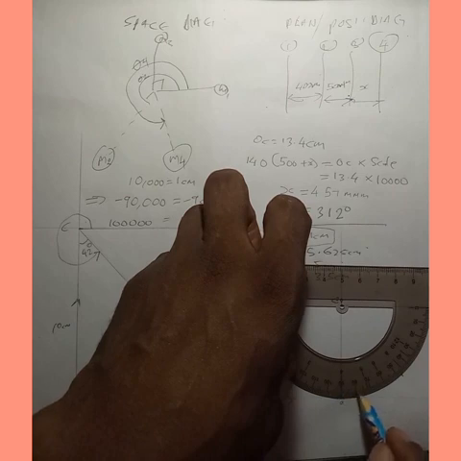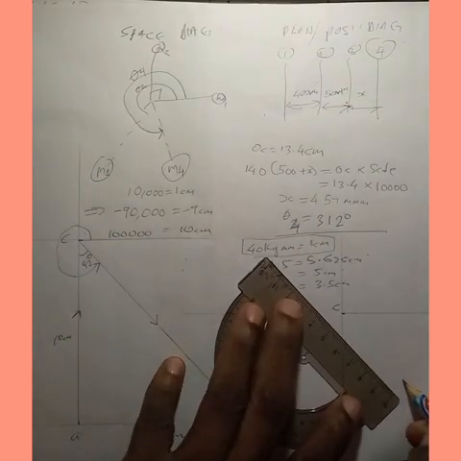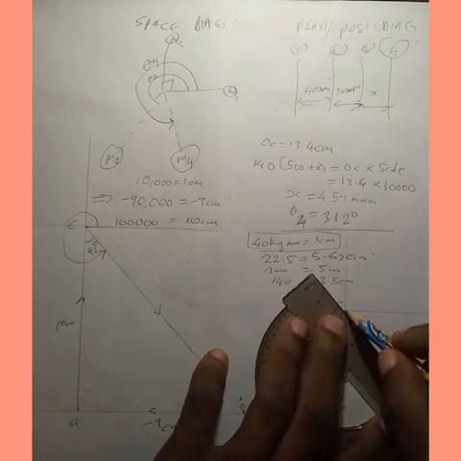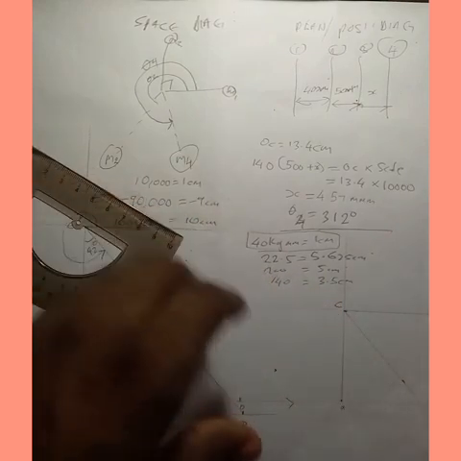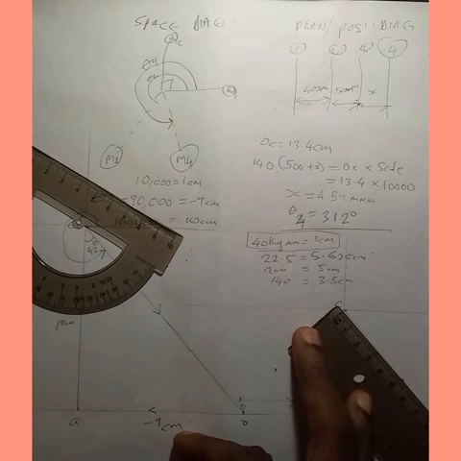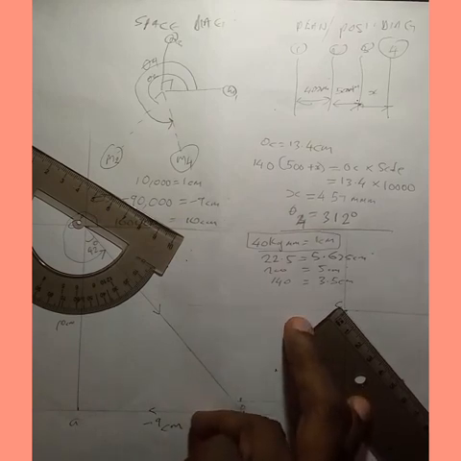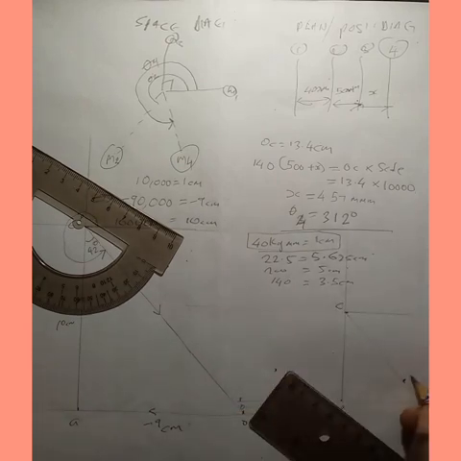That's 270, 280, 290, 300, and then 310, and then 312. And then from here, we can draw this line here. Now the magnitude of that line is actually 5 centimeter. Then we measure 5 centimeter. So we can call this point D.